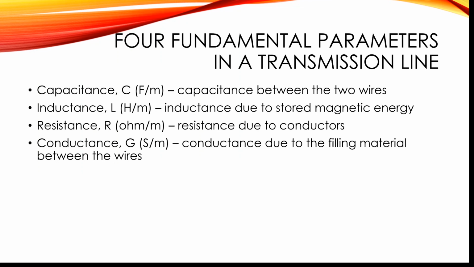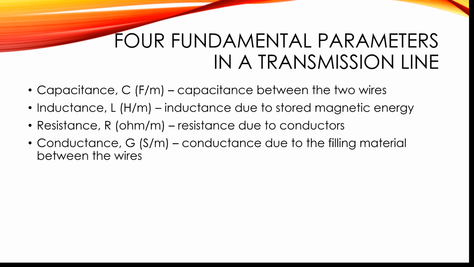Four fundamental parameters in a transmission line are the capacitance, the inductance, the resistance, and the conductance. Capacitance is the capacitance between the two wires, and inductance is due to stored magnetic energy. As current travels through the inductor, it creates a magnetic field, and that is where the storage of energy happens.